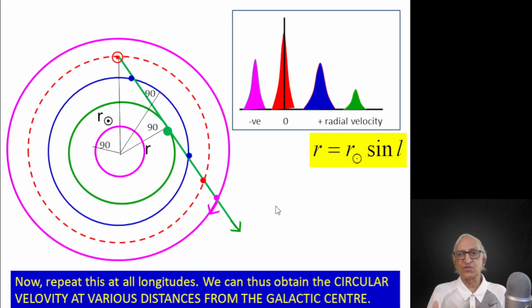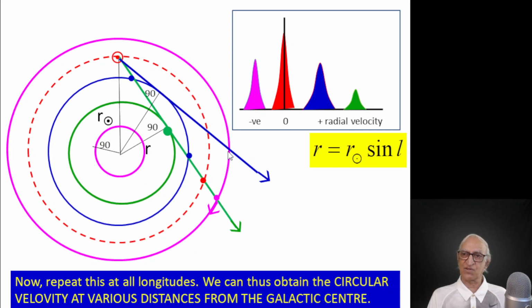Now all we have to do is to repeat this procedure at all longitudes interior to the solar circle. How does it work? Let's now consider looking along that longitude. So once again, there will be clouds.